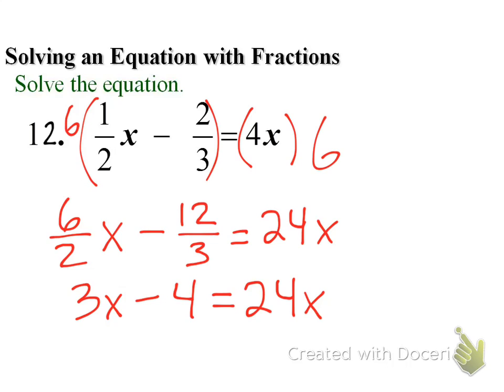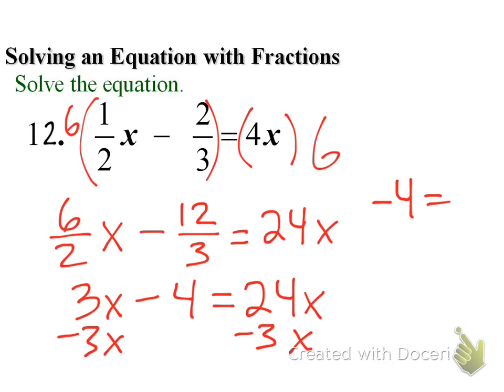Then what? Divide by 3x. We can't divide yet. Subtract 3x. Subtract the 3x. Good. How'd you multiply by 6? Because it's the least common denominator. Whatever the least common denominator will be, will cancel out all your fractions.